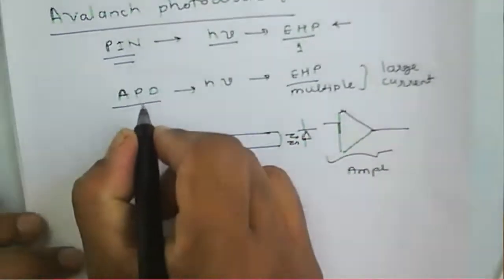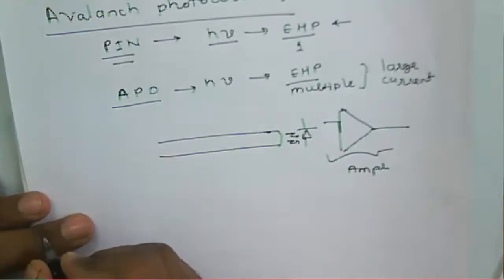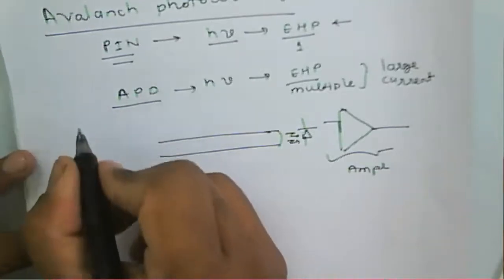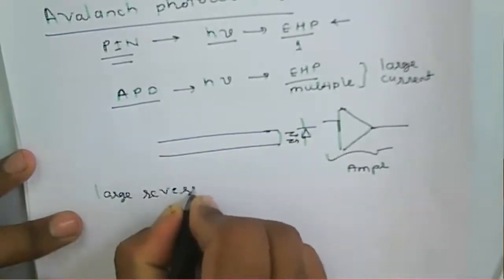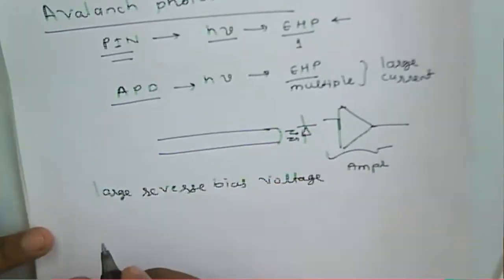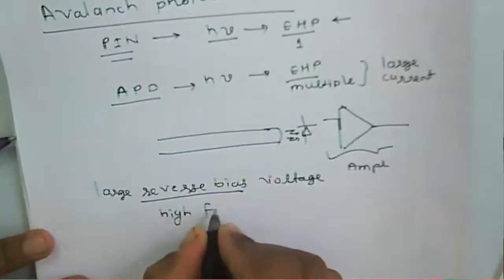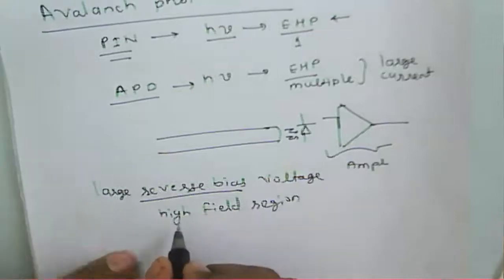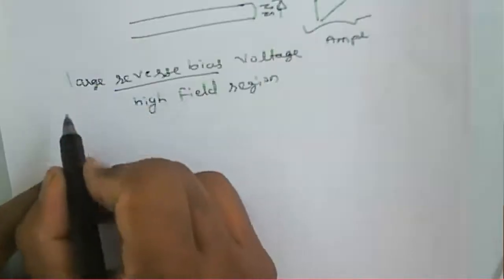Now, how does this avalanche photodiode produce multiple electron-hole pairs? The avalanche photodiode operates on a large reverse bias voltage, and due to the large reverse bias voltage, it has a high field region within the device.